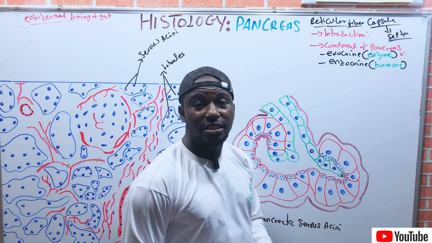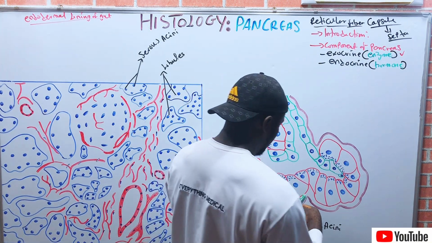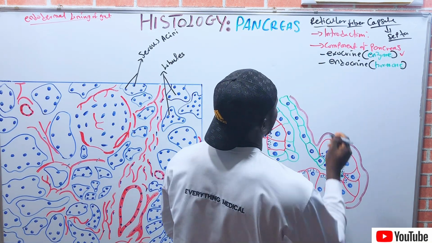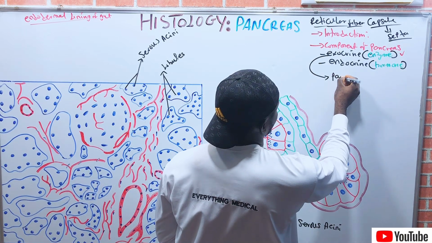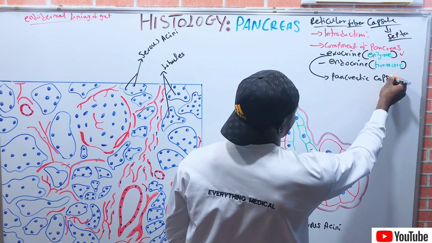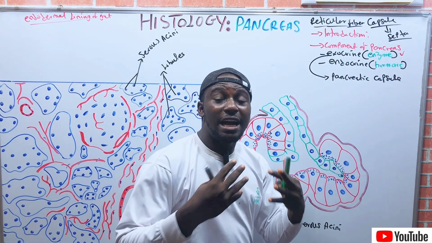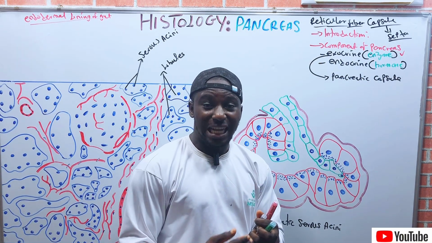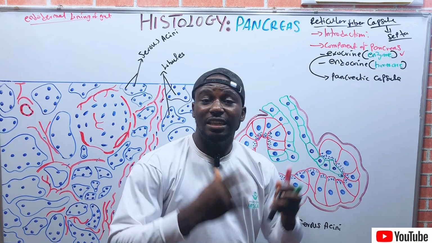The next we shall be discussing under the exocrine component of the pancreas is the pancreatic capsule. What is the pancreatic capsule? The pancreatic capsule is a connective tissue that covers the entire pancreas.